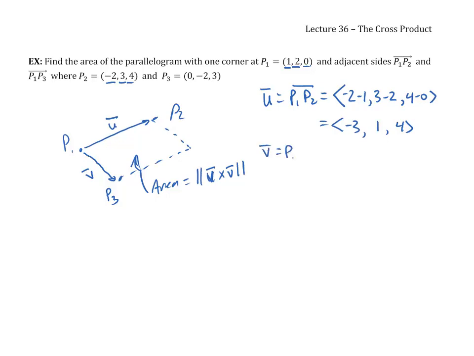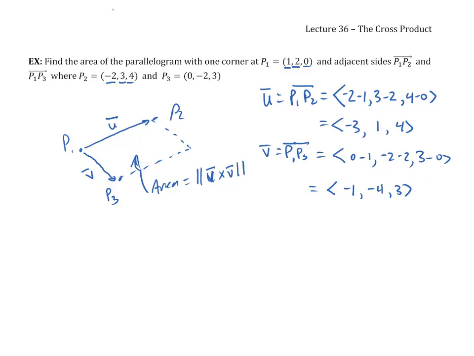V would be P1 to P3, which would be P3's components minus P1's components. So 0 minus 1, -2 minus 2, and 3 minus 0, which gives me -1, -4, 3.